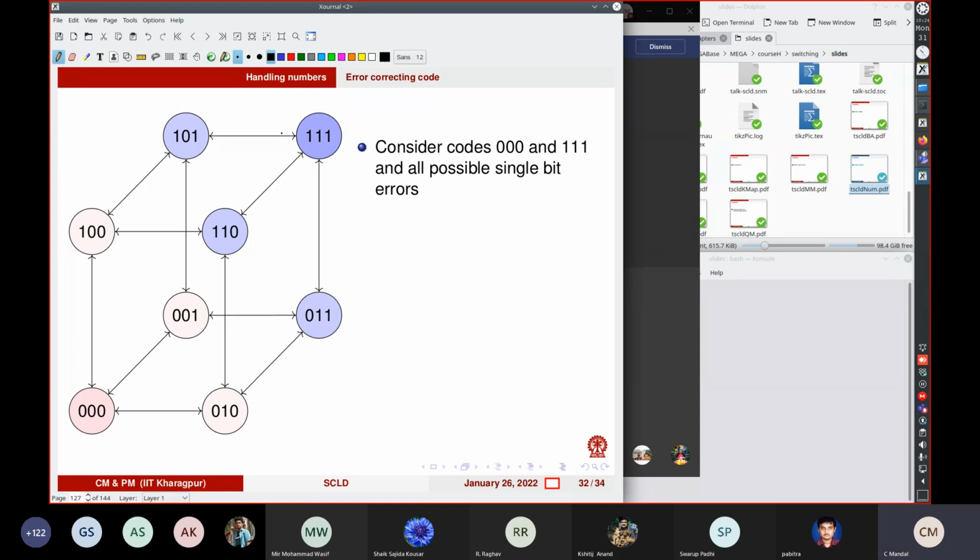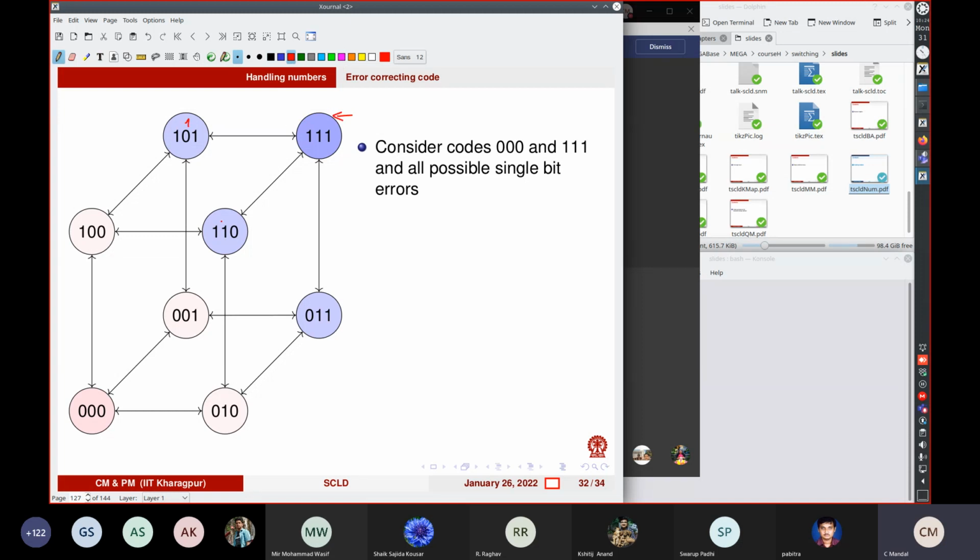Yeah, that is true. The reason is that if 2 bits are in error, I'm just marking these.